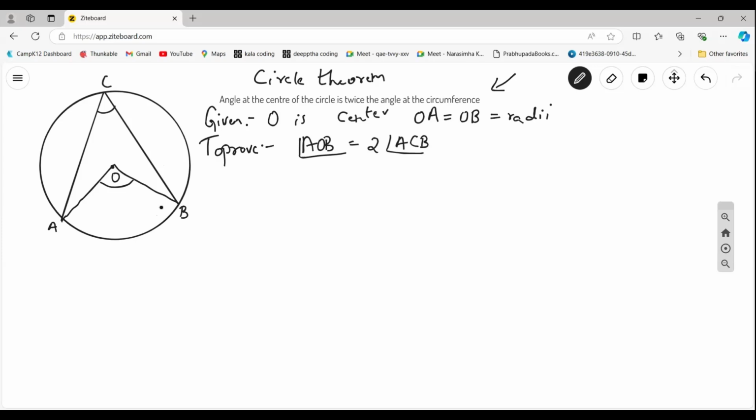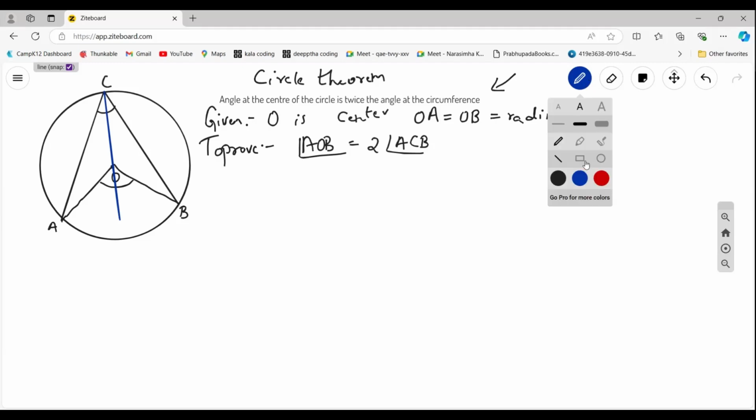Now, before we go to the proof, we need some construction. As we know, if we have two radii, it becomes easy for us to use them because they form an isosceles triangle. Correct? So we're going to draw another line here and extend this. We are extending this one. What do we know?